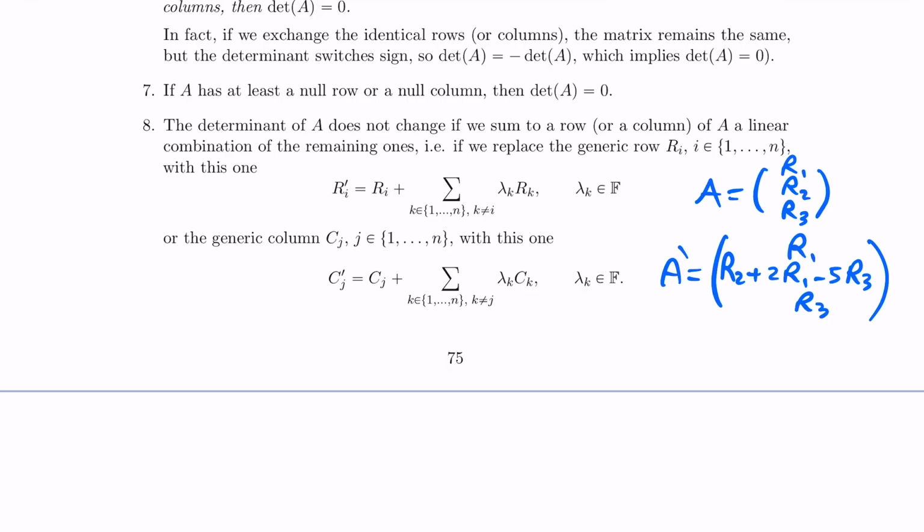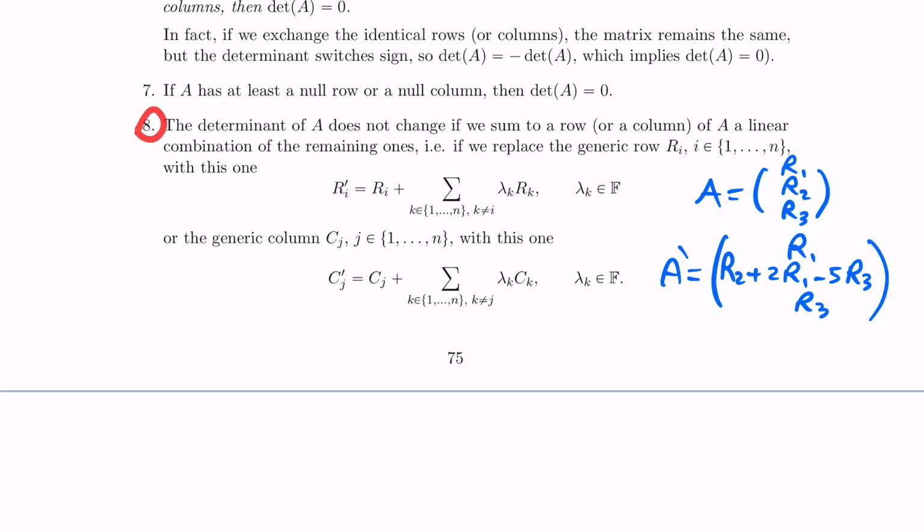To have a concrete example at hand, consider this matrix written row-wise and fix your attention to the row R2. We have replaced in the matrix A prime the row R2 with the sum of R2 and a linear combination of R1 and R3, which are the remaining rows in this case.